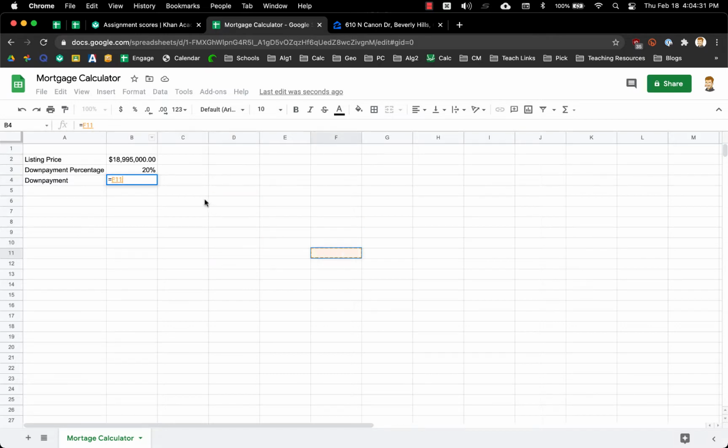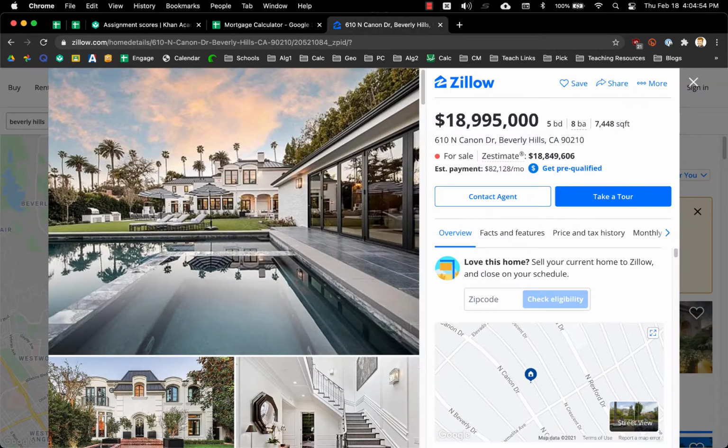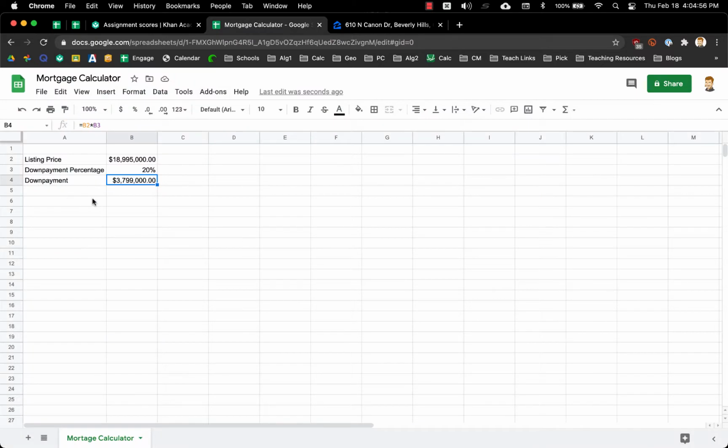I want this cell, times, that's Shift 8, this cell, and that will tell me 20% of 19-ish million is about 3.8 million, and that sounds right. Okay, so from here, we somehow have this much money in our bank account ready to put down for this beautiful property. Let's pretend we actually had that money.